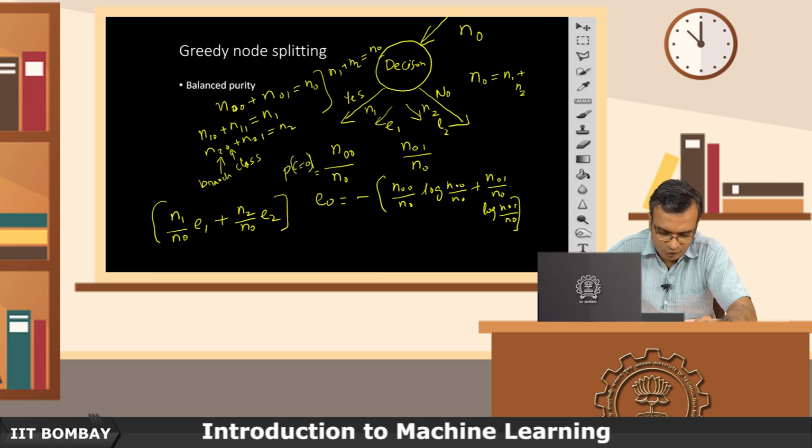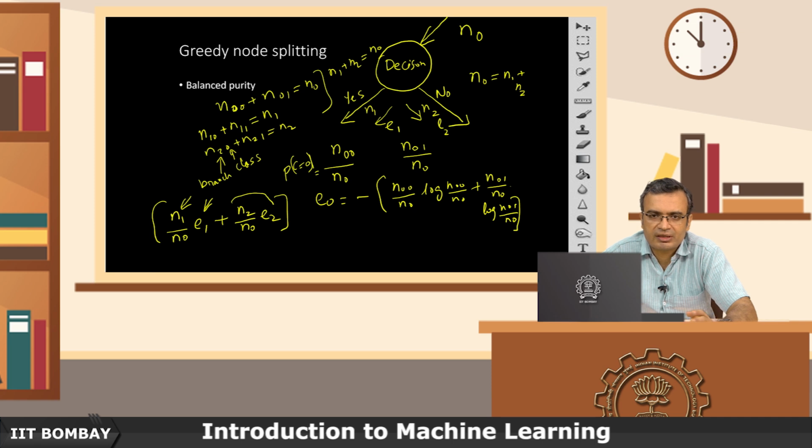Okay. So these weights, now you can see that if n1 is just a single sample, then obviously the entropy is going to be low, but what we will also see is that the weight of that is going to be low. So then the weighted average will be dominated by the other branch if it has more samples, where n2 is, let's say, much larger than n1.